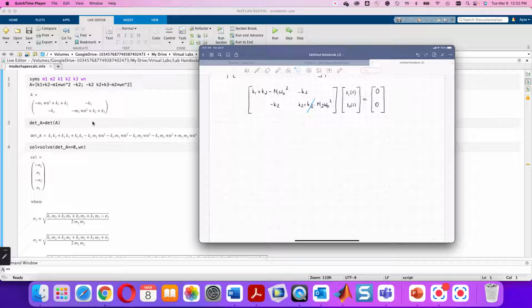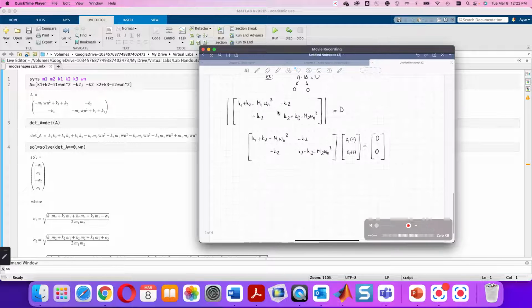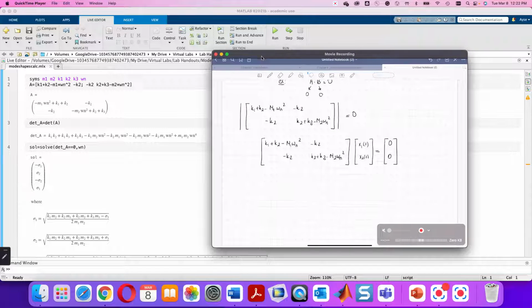Here is my A matrix. This is how I define my A matrix after we define these terms as symbolic variables. Remember, I was trying to find the determinant of this matrix. So we name it A, and the determinant of A, let's call it DE. Let's calculate this. As you see, this is a fourth order polynomial.